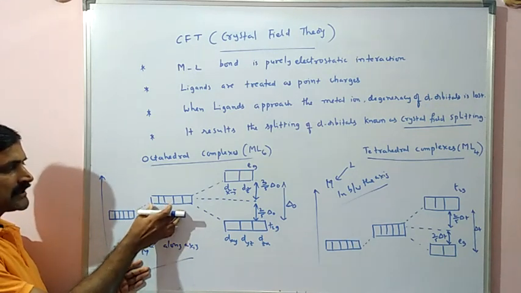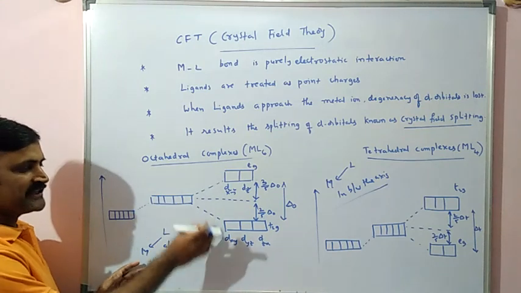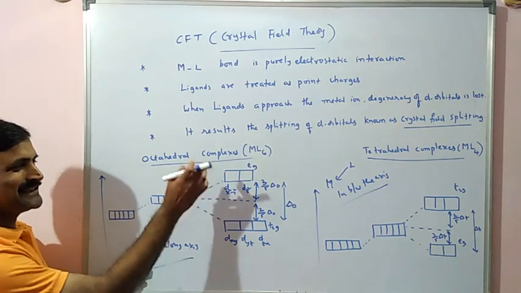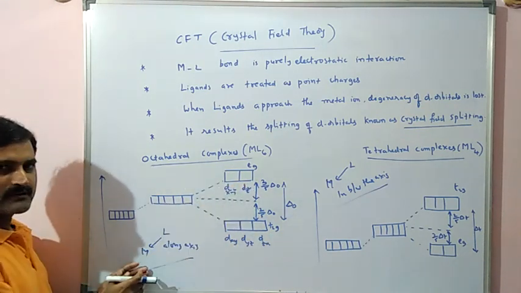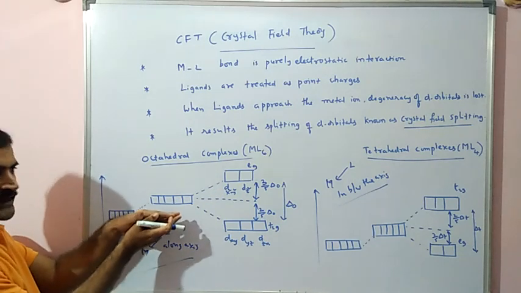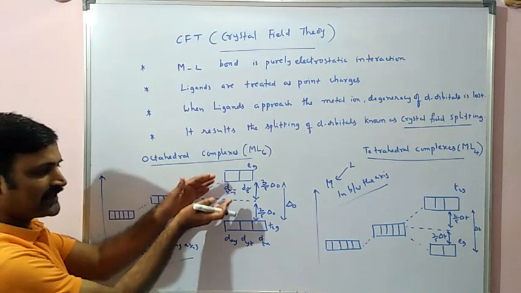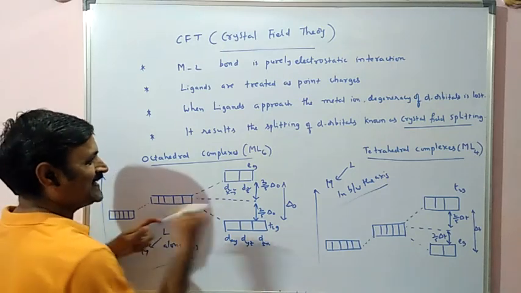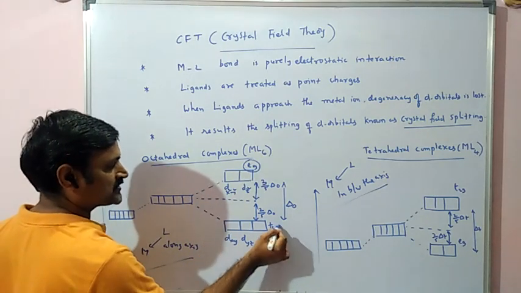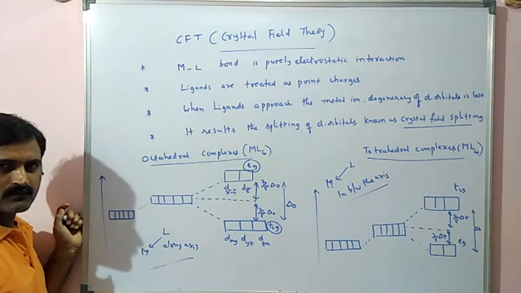Then the 5 d-orbitals, dxy, dyz, dzx, dx square minus y square, and dz square, are said to be splitting into two different groups. One is called the eg group, another one is called the t2g group.